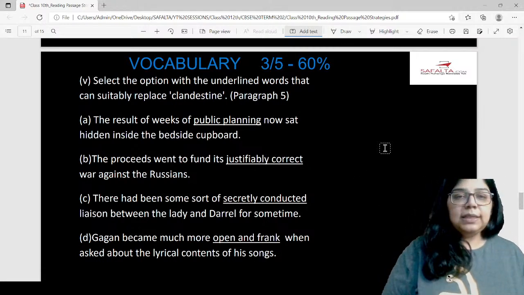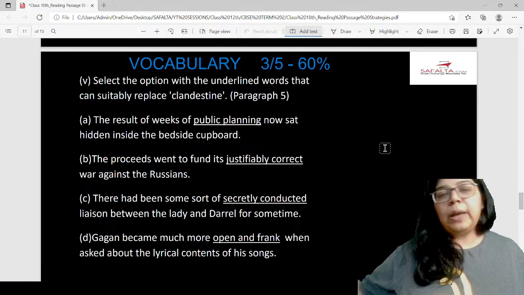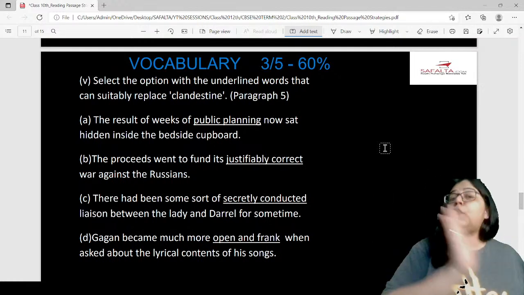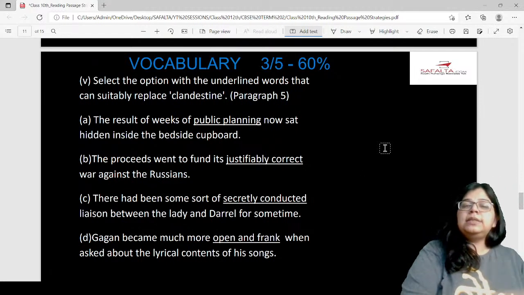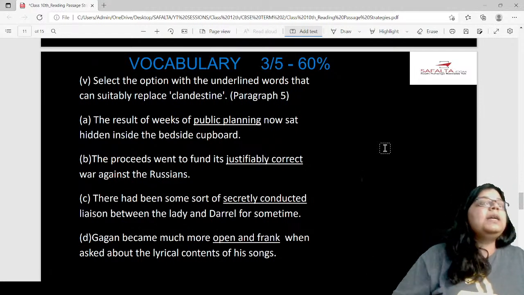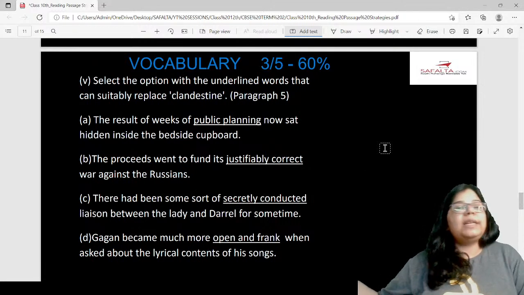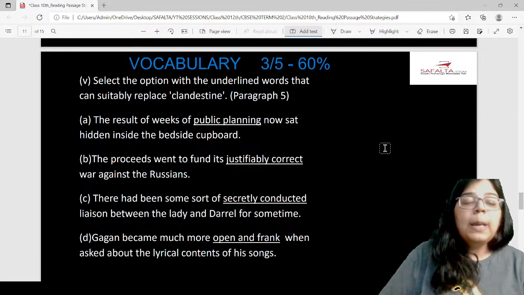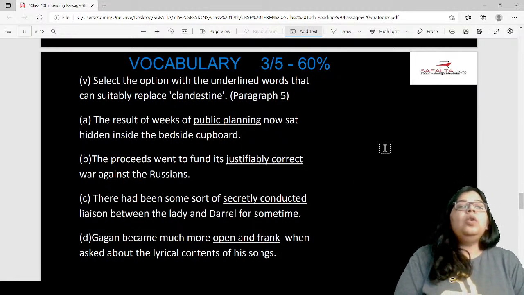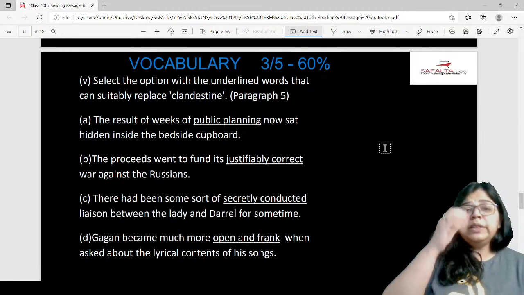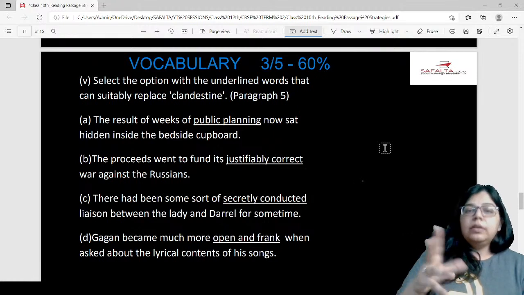See, let's face it, in 4 days you are not going to become champions of the language. If you are not good in English and you haven't studied as much, then in 4 days you are not going to get above 90 in English. That is not going to happen, because we don't rely on hit and trial. We rely on strategy.